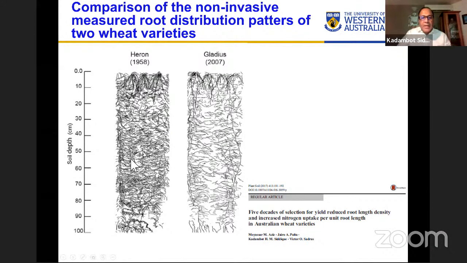You can see the dense roots, four plants here and four plants here, planted at exactly the same time. That's the evidence to show that the root system has been modified to a large extent, a black box approach. They didn't do that deliberately, but just ended up with it. Again, that's a nice paper in Plant and Soil.